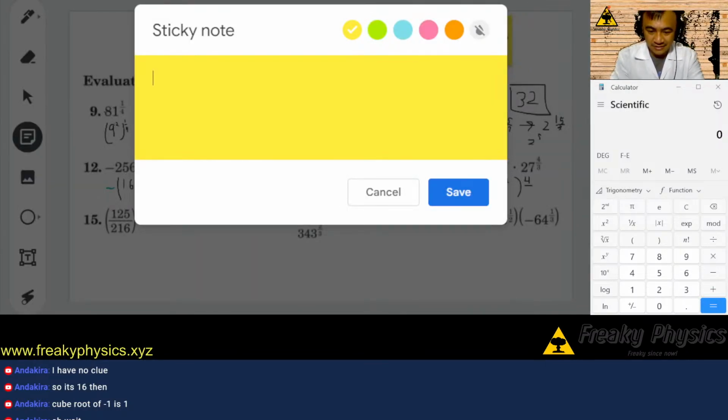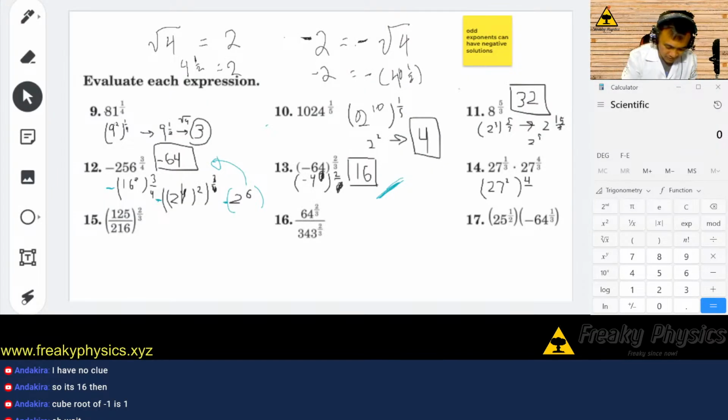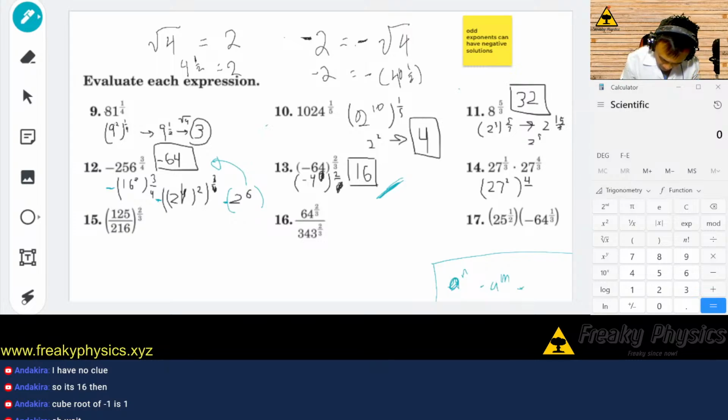I'll write it at the bottom. A raised to n times a raised to m. Oh, you add. That's correct. You add the exponents. A raised to n plus m.